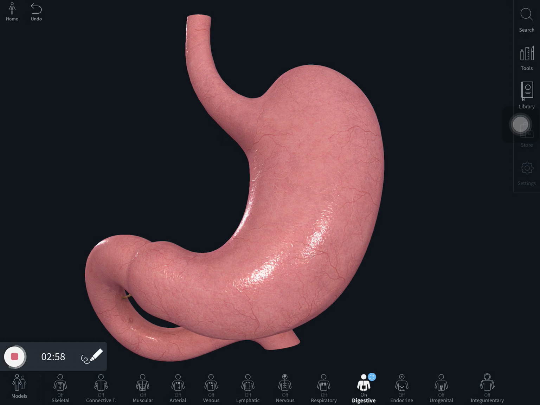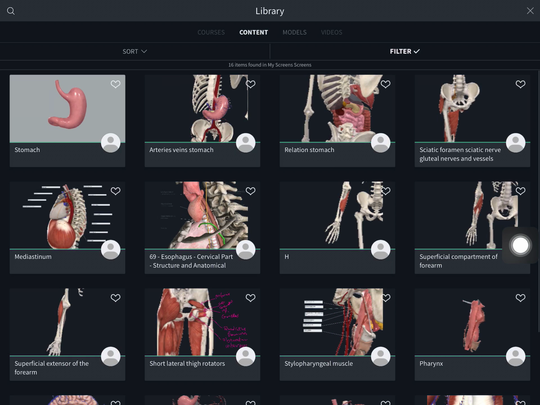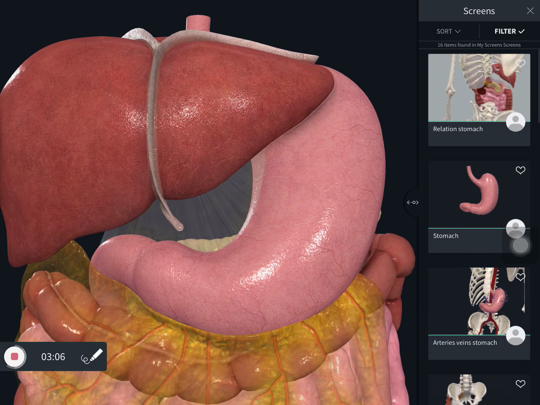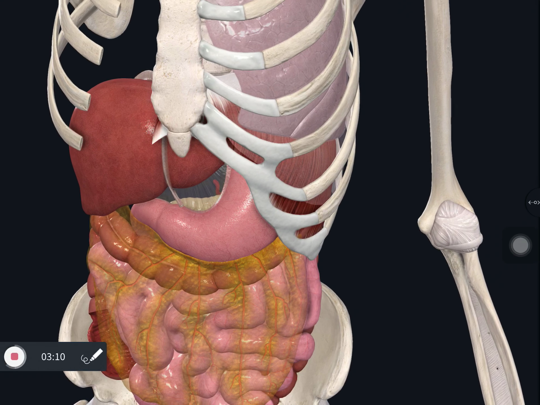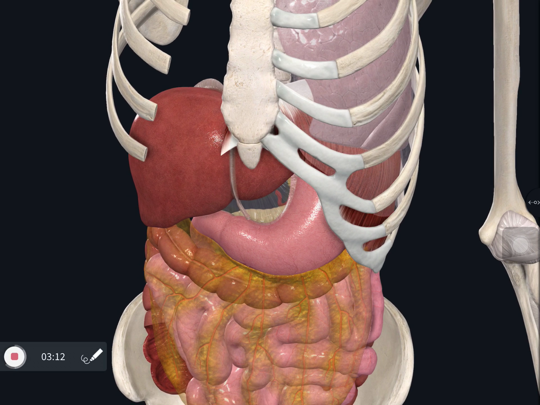After that, we'll speak about the relations of the stomach. First, we've got the lesser omentum, which extends from the lesser curvature of the stomach upward to be inserted into the liver.